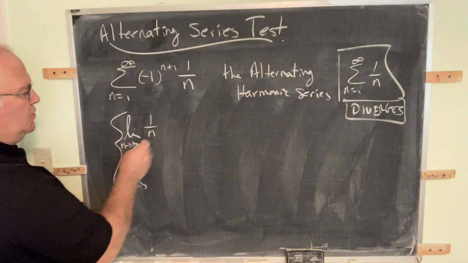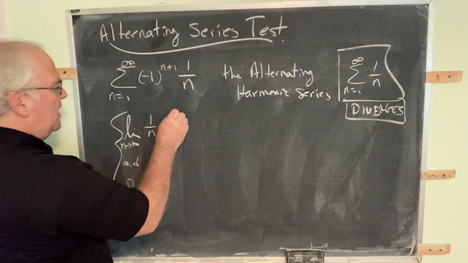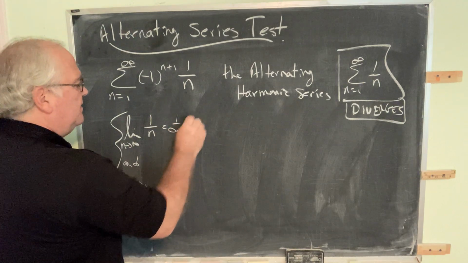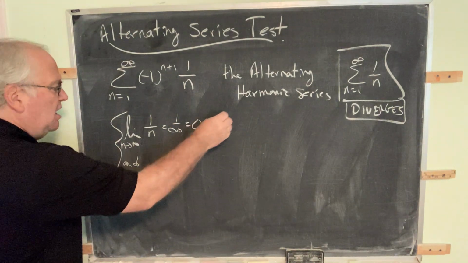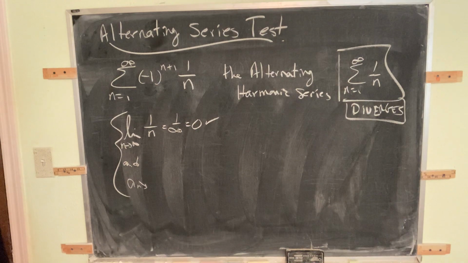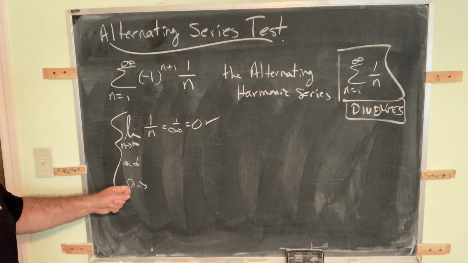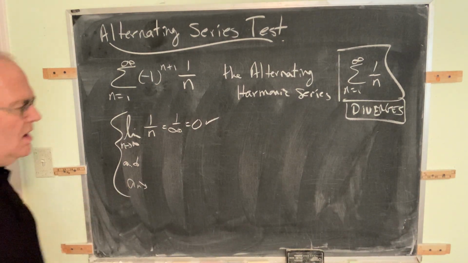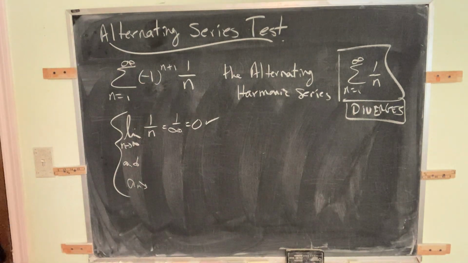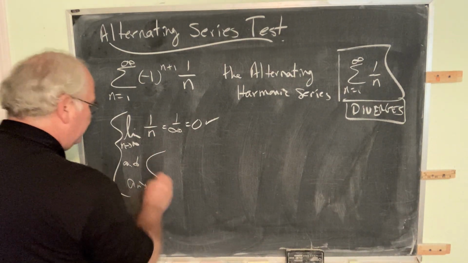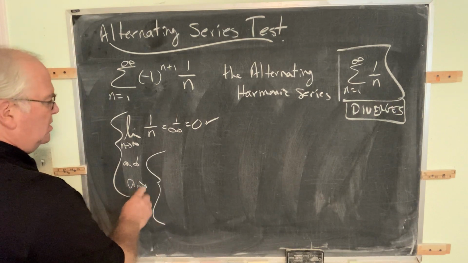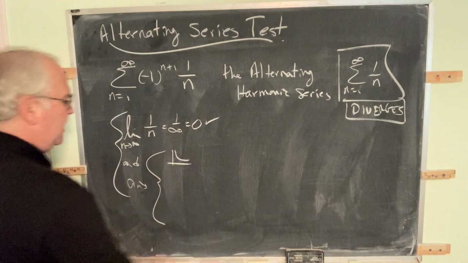Well, this is certainly true, because if this goes to infinity, our infinity arithmetic says this is 0. So condition number 1 is clearly met. Condition number 2, is this a decreasing series? Well, there are a couple ways we can know this. One way is we know what the graph of this thing looks like.